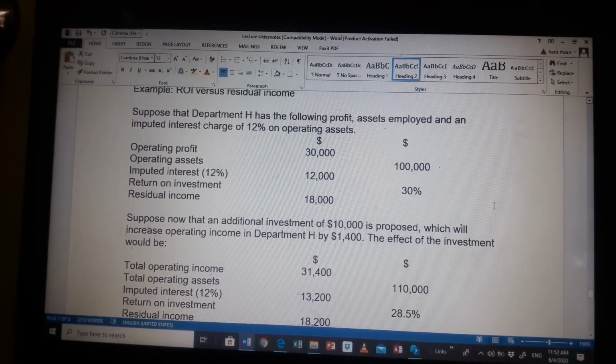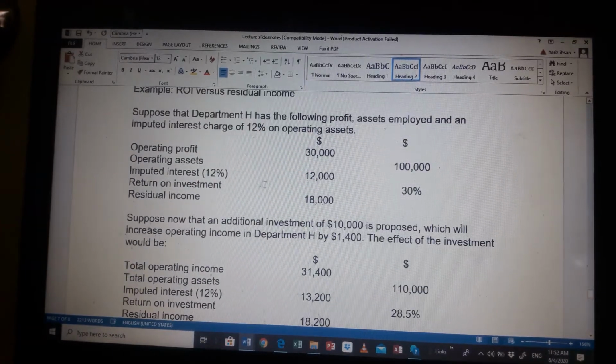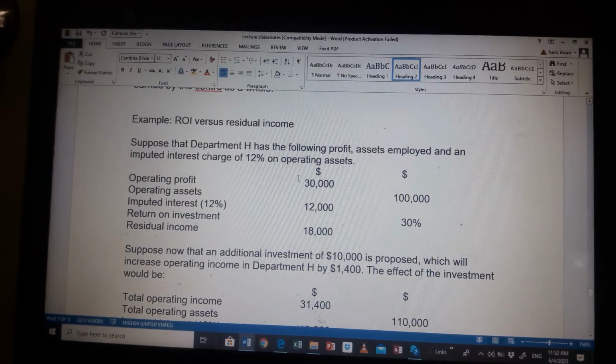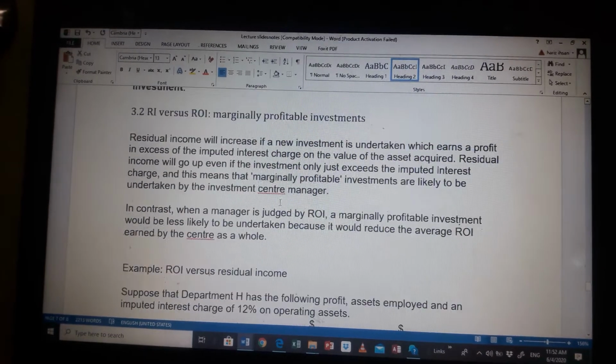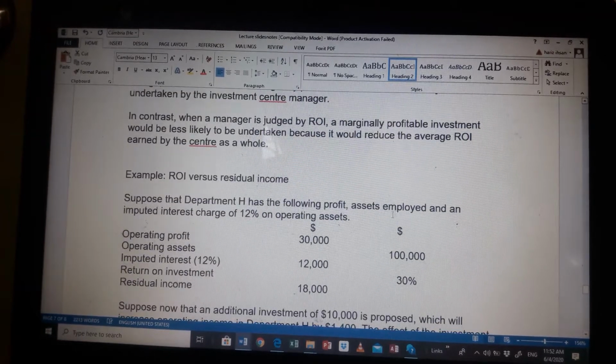So now let's look at this question. Department H. Profit, assets employed, imputed 12% interest. So operating profit is 30,000. Operating asset is 100,000.